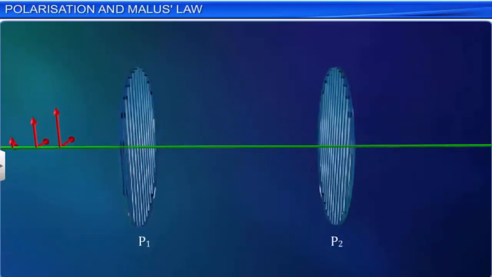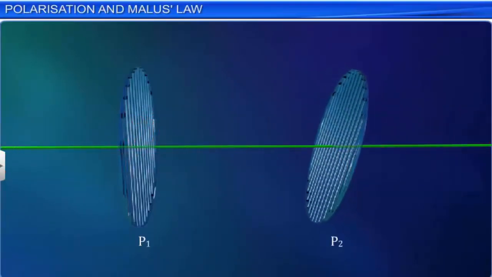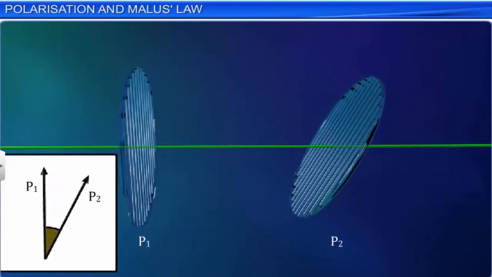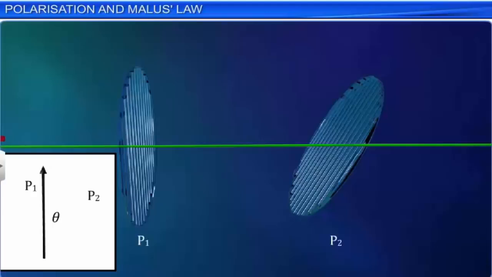If the pass axis of the Polaroid P2 is parallel to the pass axis of the Polaroid P1, then the entire light transmitted by the Polaroid P1 is also transmitted by the Polaroid P2, and hence the intensity is maximum. If the pass axis of P1 makes an angle theta with the pass axis of P2, then the component of E parallel to the pass axis of the Polaroid P2 is equal to E cos theta.